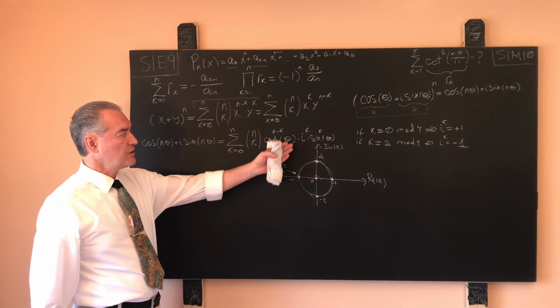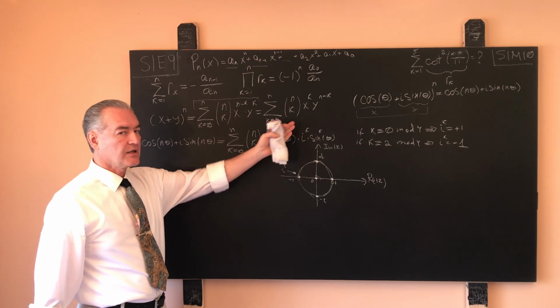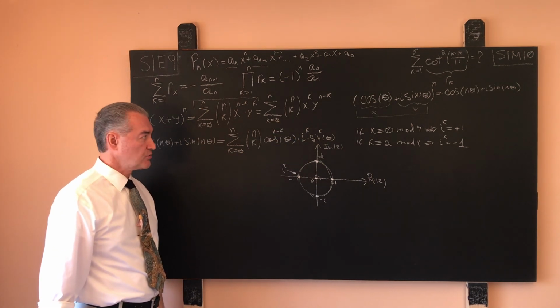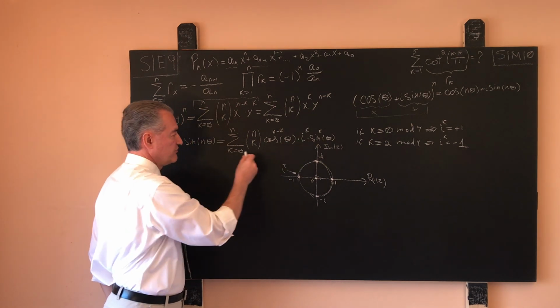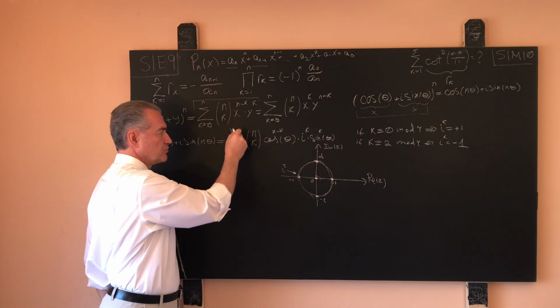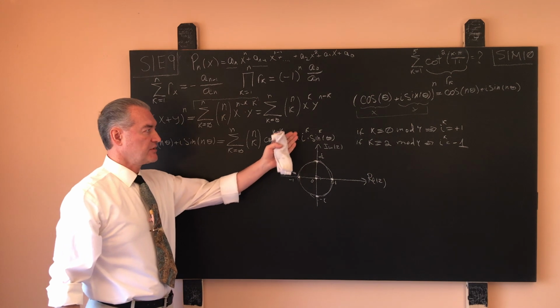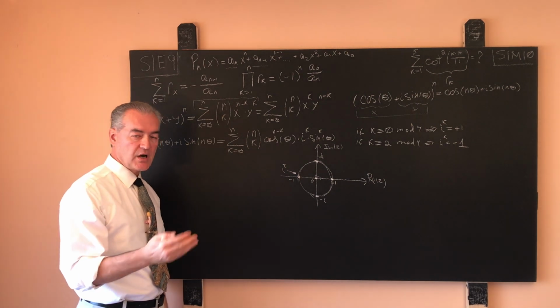And what will happen with the odd positive powers of i, because k over here varies consecutively from 0 to n, so that means that the parity of that number will flip: odd, even, odd, even.